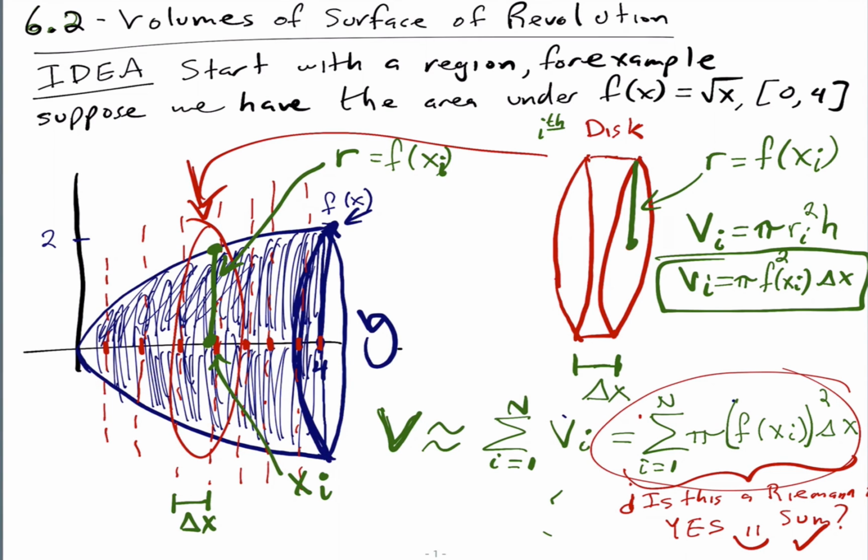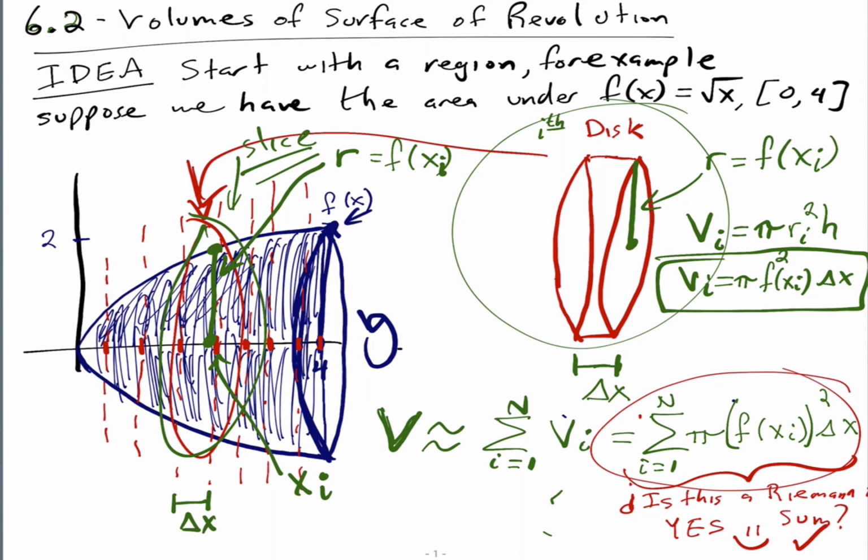But the idea is always the same: you take a slice, and you find the volume of that slice, that piece that you found. So what's the piece in this case? It's a disk, and the volume of that disk, well, it's a cylinder, so in this case pi r squared times h. So this is the volume of that section.